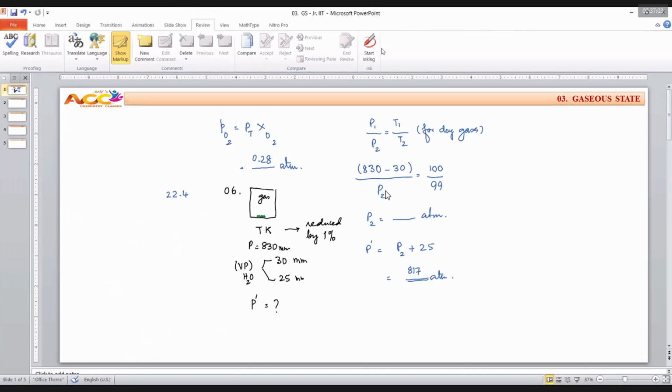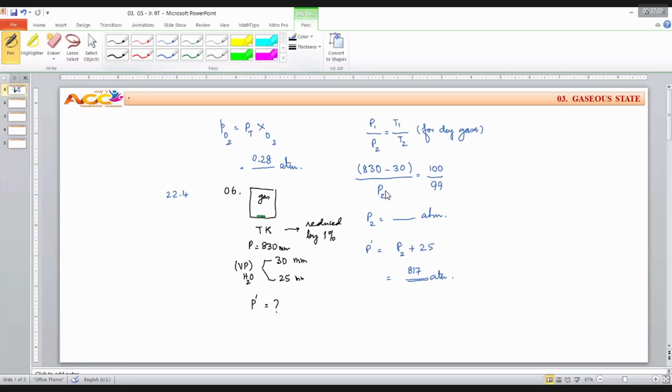Now, suppose, for example, see this question. I'm trying to create a question here. Let us see. I got an idea to create a question from this discussion. What is the question? Gas plus drops of water. Okay.